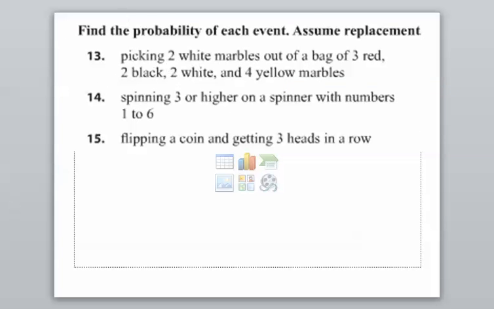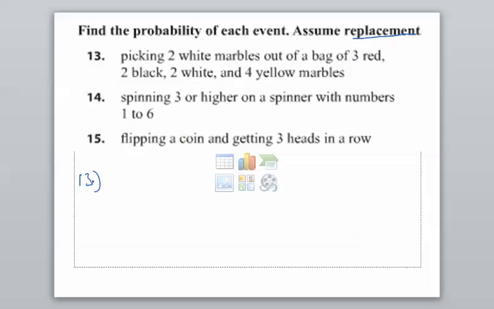So let's look at some of the probabilities here and see if we can calculate some of them. 13. It says, if we are picking 2 white marbles out of a bag of 3 red, 2 black, 2 white, and 4 yellow. They're going to be putting them back, replacement.